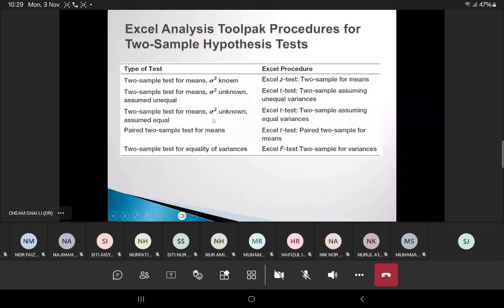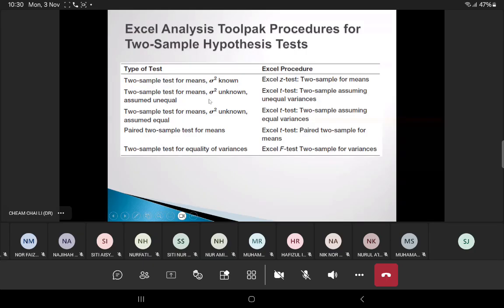If you have sigma square unknown but equal, you also use the t-test, but this time the two samples assuming equal variances, right? That one we will look at in the next class. For the time being, usually I will use the t-test assuming the variances are unequal.